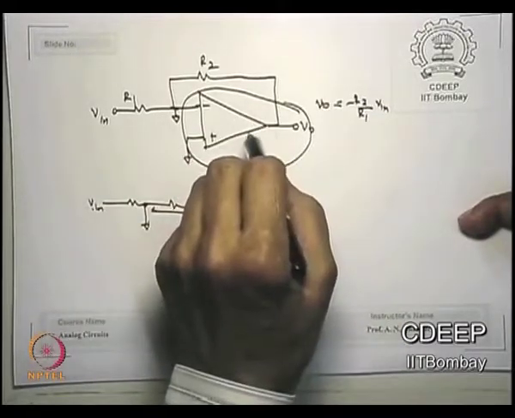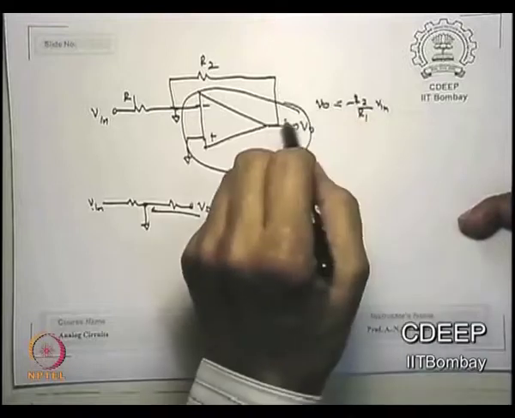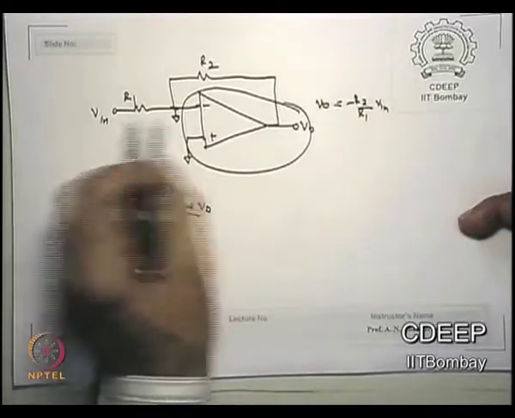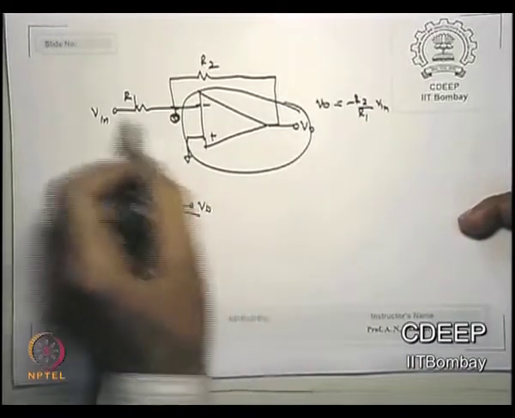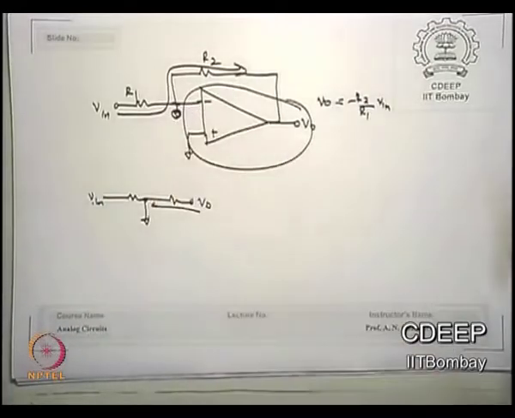Only when I put an OPAMP there which has those two properties, then I may say this is at virtual ground and the current is same here, is that correct? This fact must be understood that the OPAMP's presence is necessary to create a virtual ground and it is not a sinking ground, is that correct?